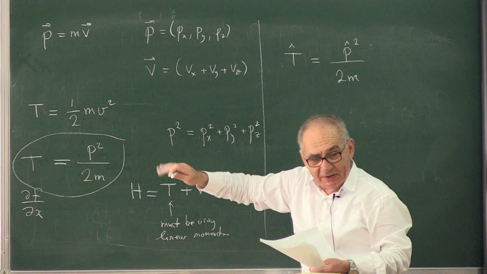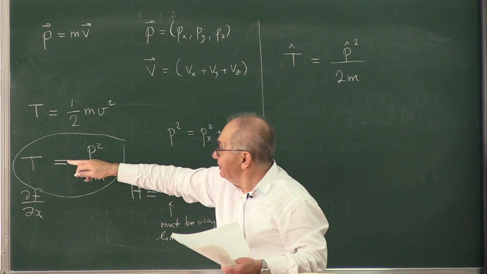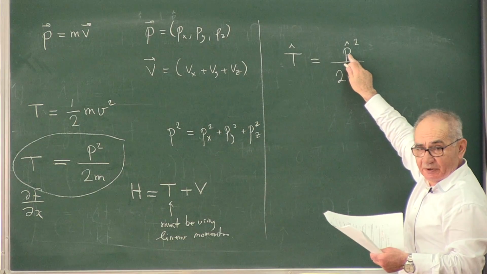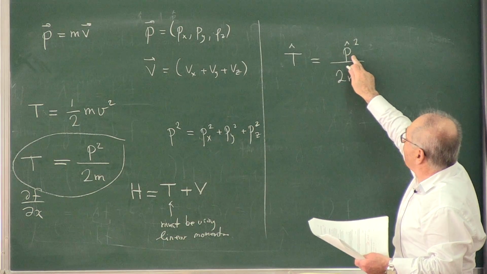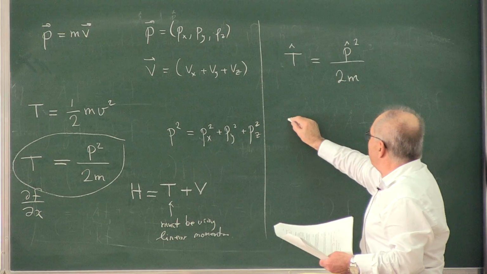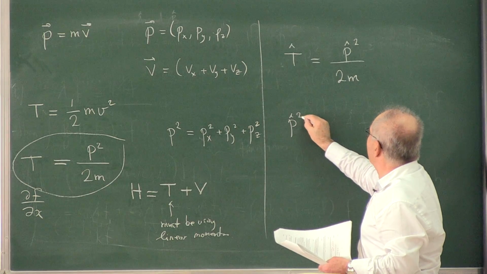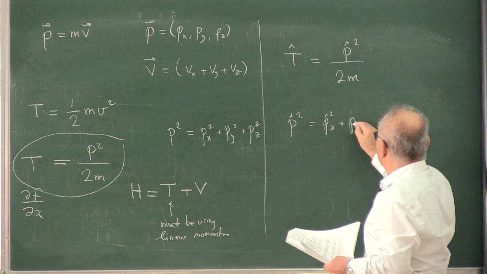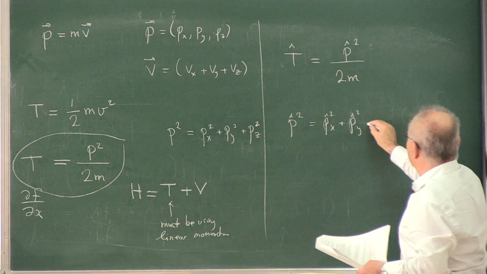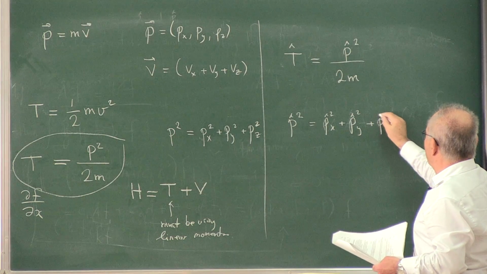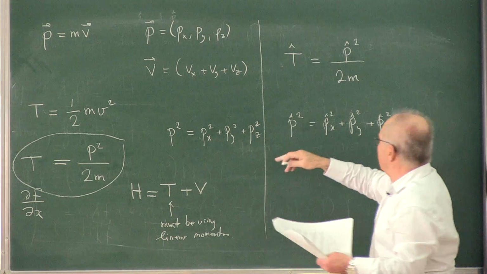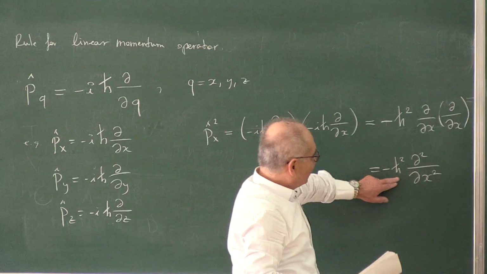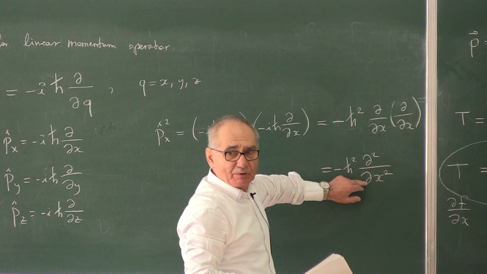But what is the difference? Here p is a scalar, T is also a scalar, but here in the quantum expression, this is an operator, and because it is an operator, T becomes an operator. Now, the expression for p square is px operator square plus py operator square plus pz operator square. Now, what is px square operator? It is this expression, minus h bar square times second derivative with respect to x.